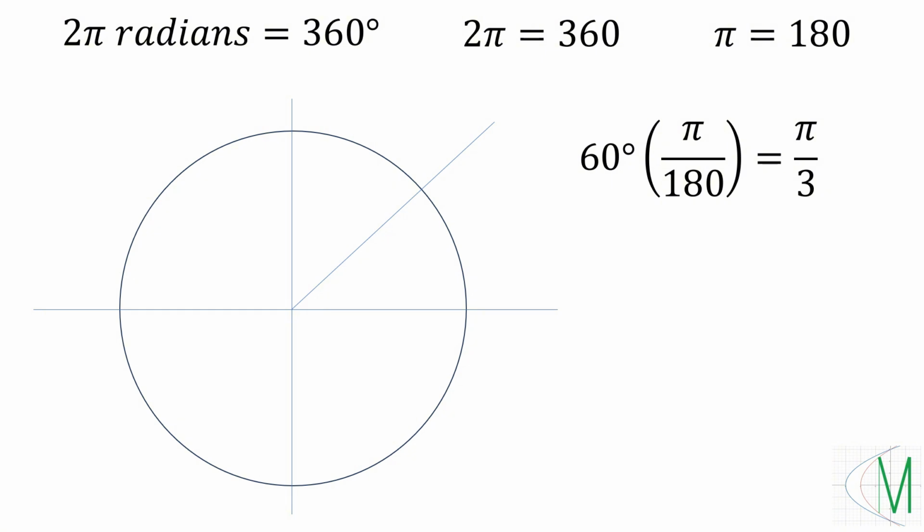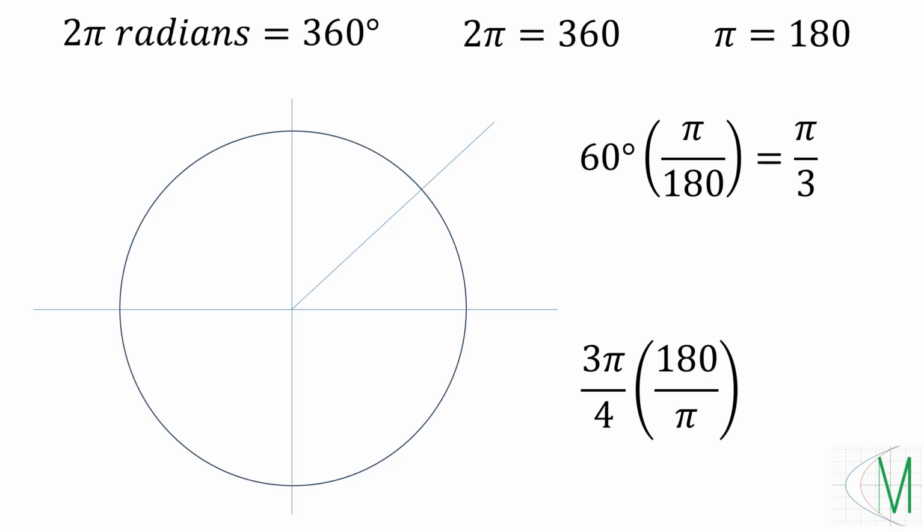Let's say I want to go the other direction. Now let's say I have 3 pi over 4. If I want to change this from radians to degrees, it's actually a lot simpler than it sounds, because I just take that fraction and flip it over. So 3 pi over 4 times 180. You can cancel these out however you want.